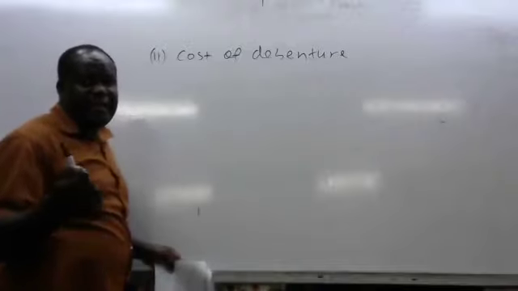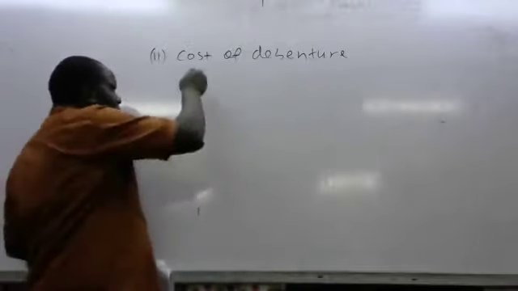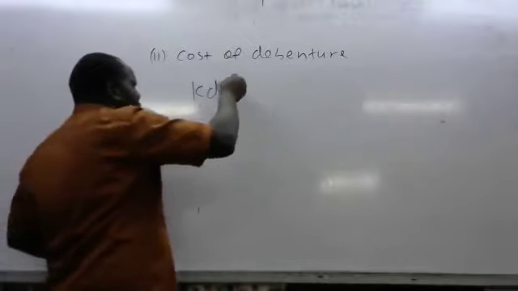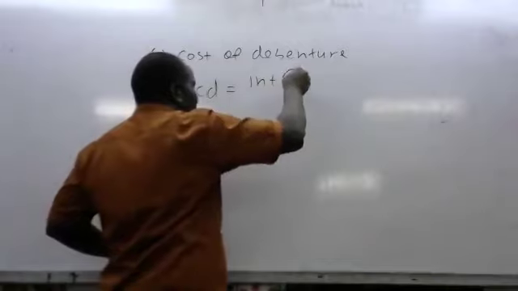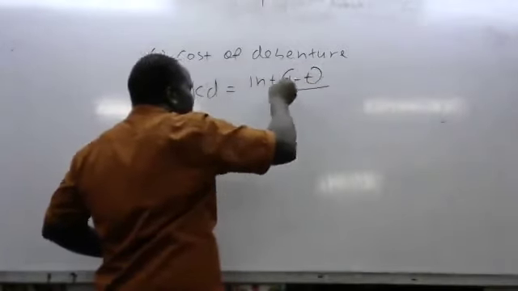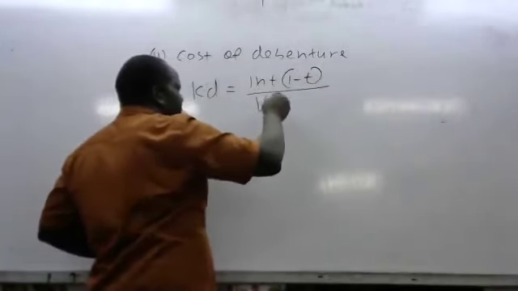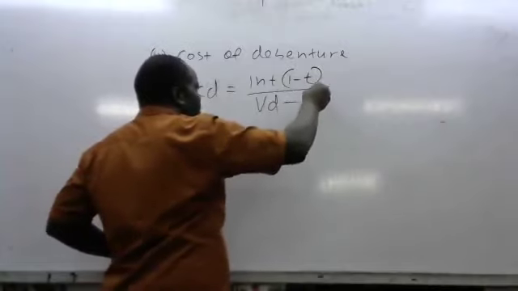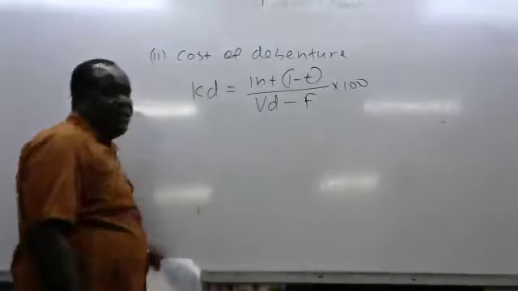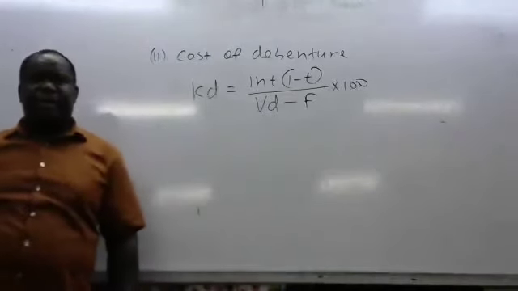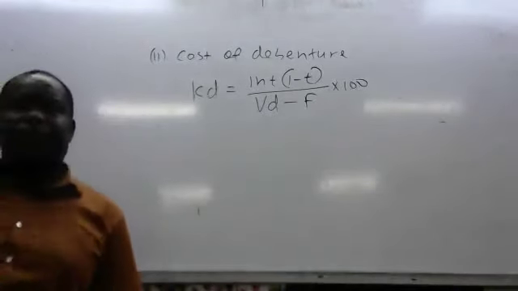When it is irredeemable, KD is supposed to be given by interest times 1 minus the corporate tax, divided by the current value of the debenture. We normally subtract the flotation cost, then express it as a percentage.